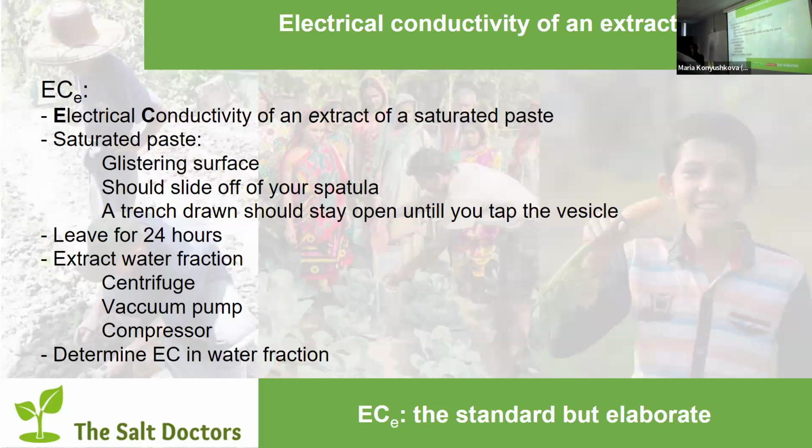Then your sample has taken up all the water it can take, nothing more. If you would add water, it would pool at the bottom. Ideally, if you're very brave and you make a good saturated paste, you can put it upside down on the table or on your head, and nothing should come out. But let's see, we have people brave enough here today.